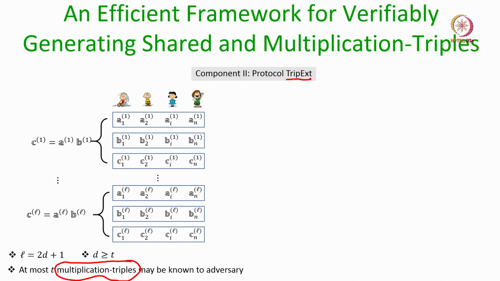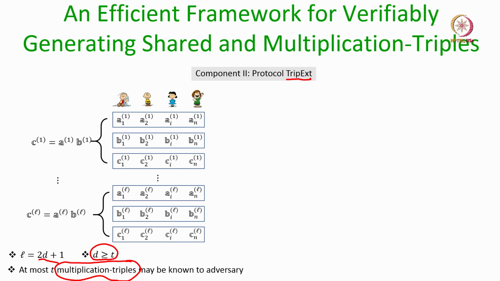So, it will be guaranteed that all the triplets here are multiplication triplets and they are secret shared among the parties. So, we have L number of such multiplication triplets, where L will be of the form 2d plus 1 and d will be at least t.